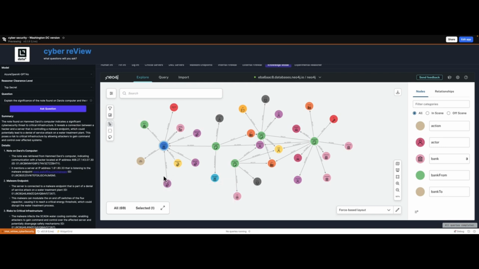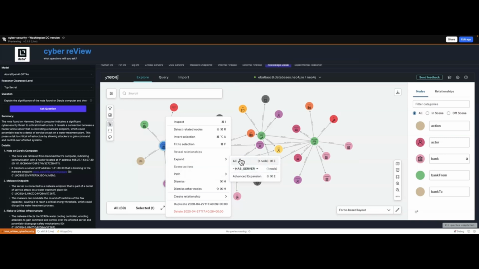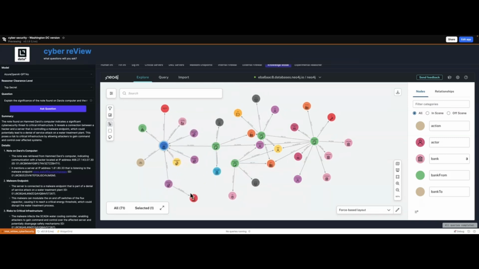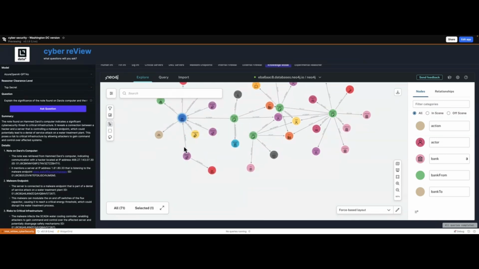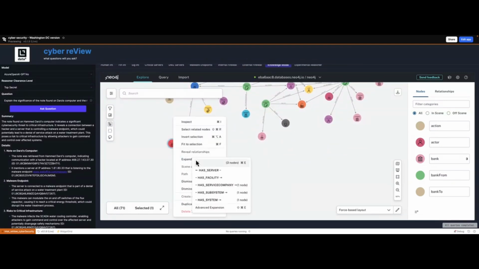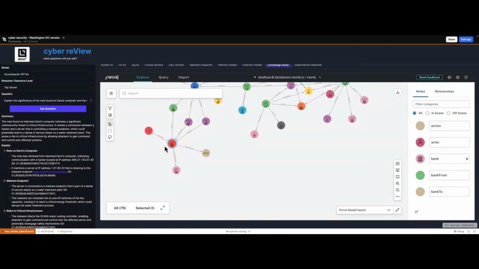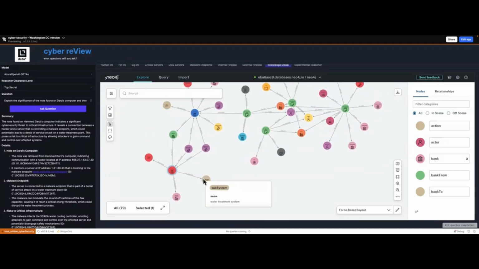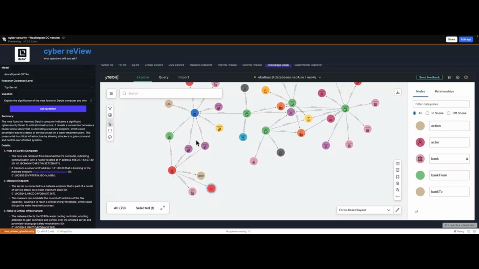This machine was talking on an internal firewall log to this one here, which is noted as a critical server. Let me expand this to see what kind of critical server it is. Now we can see this is a water treatment system. Okay, so we can really follow this trail back.